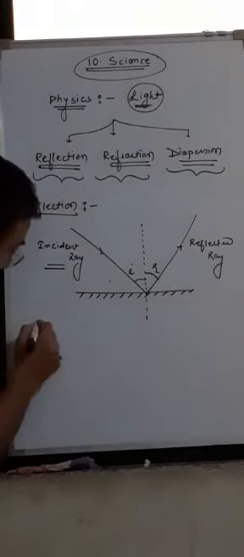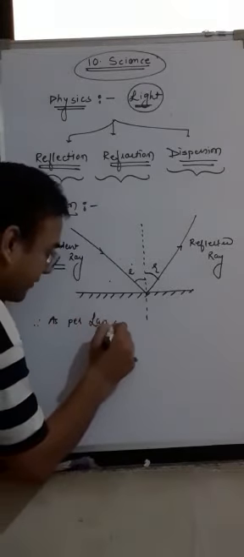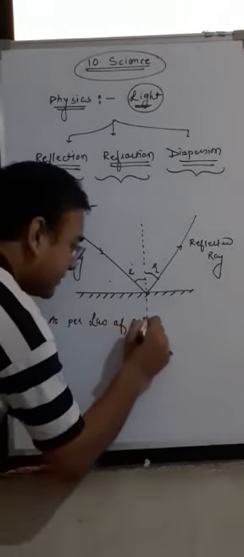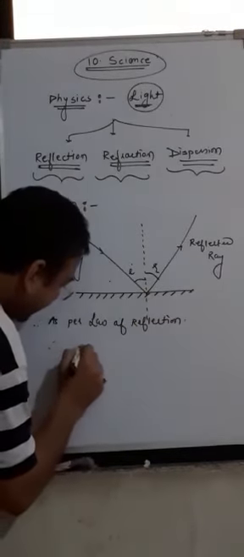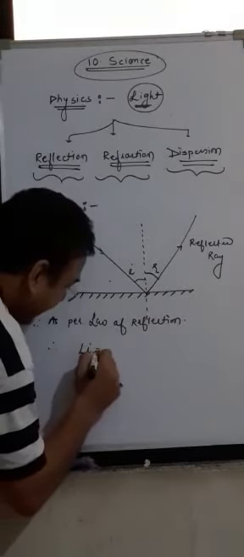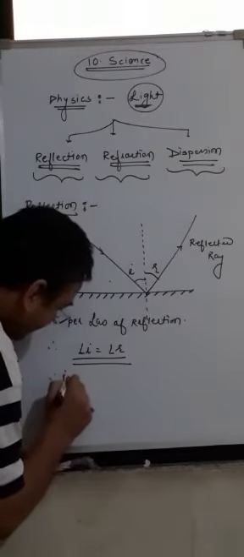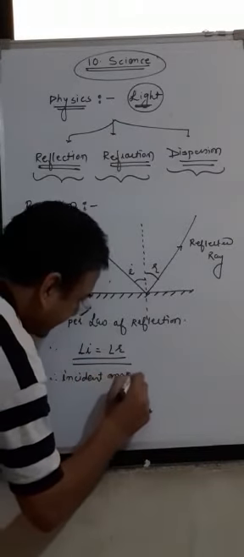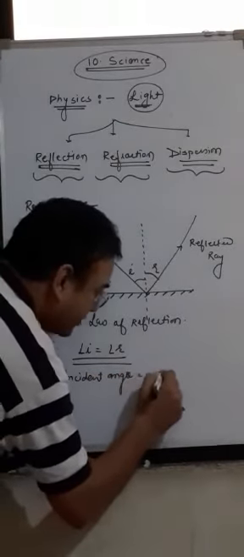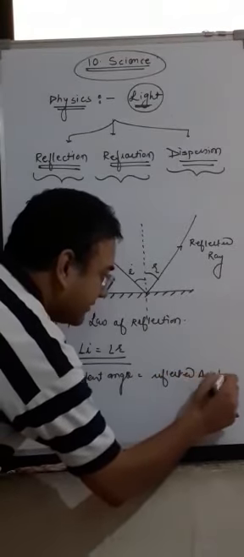So as per the law of reflection, angle I is equal to angle R. The incident angle is always equal to the reflected angle.